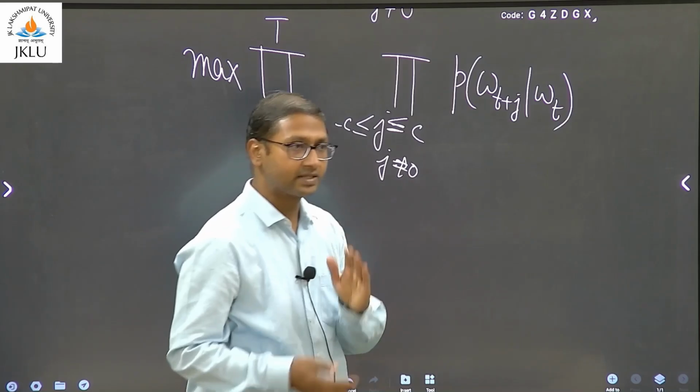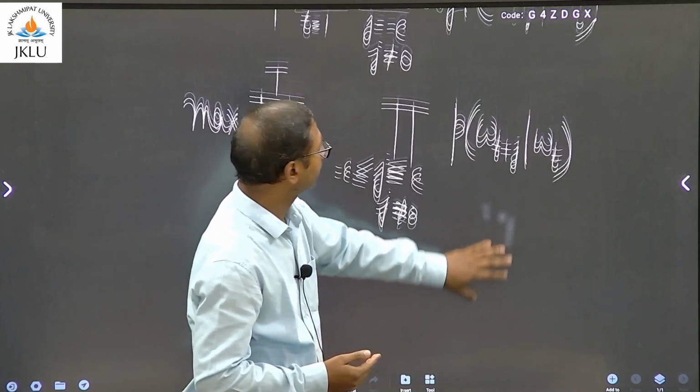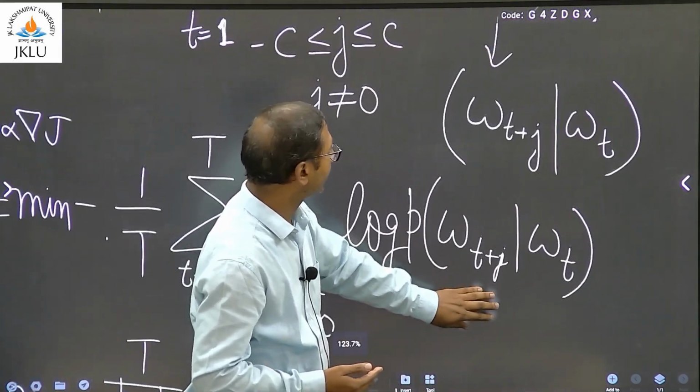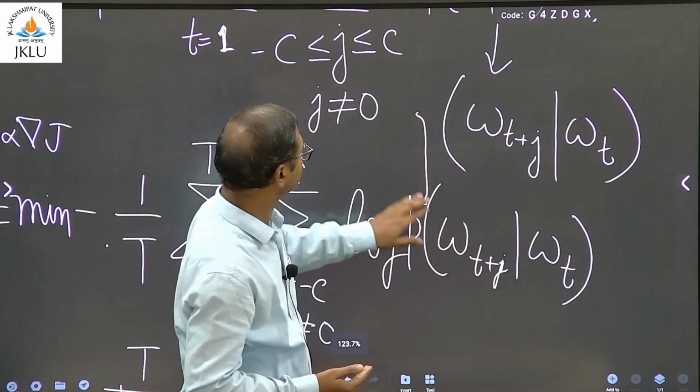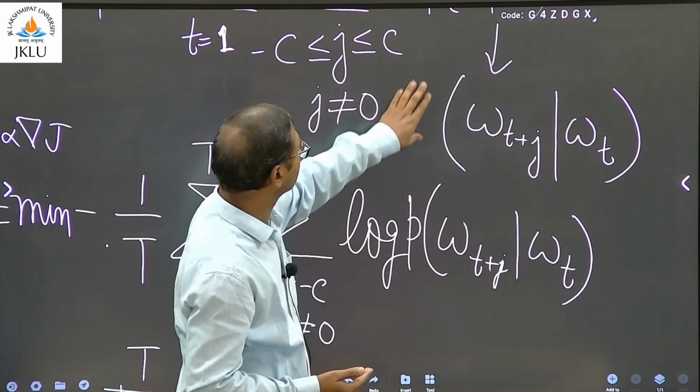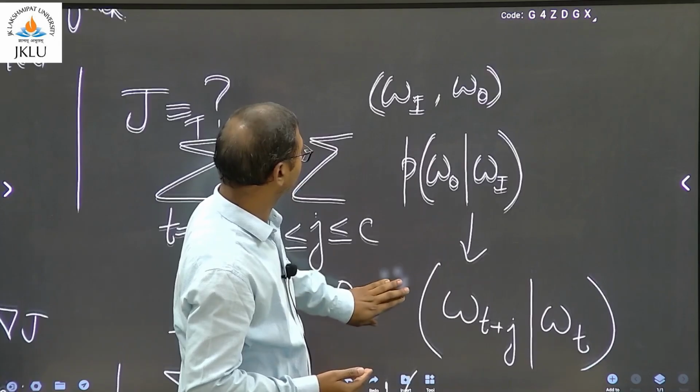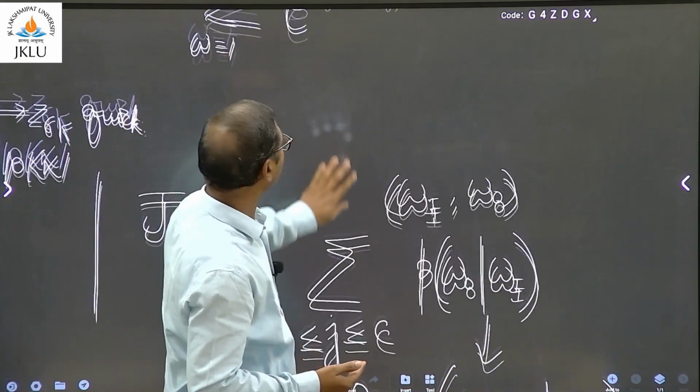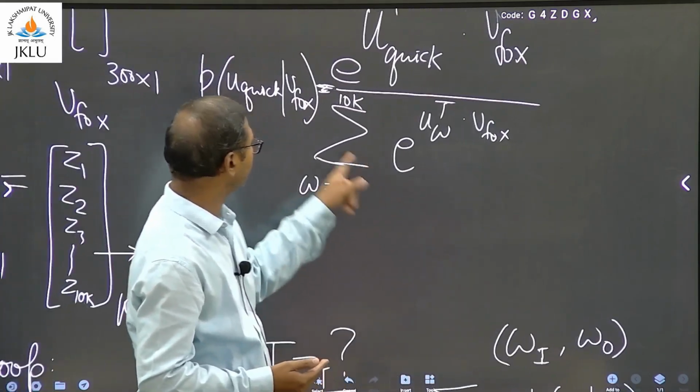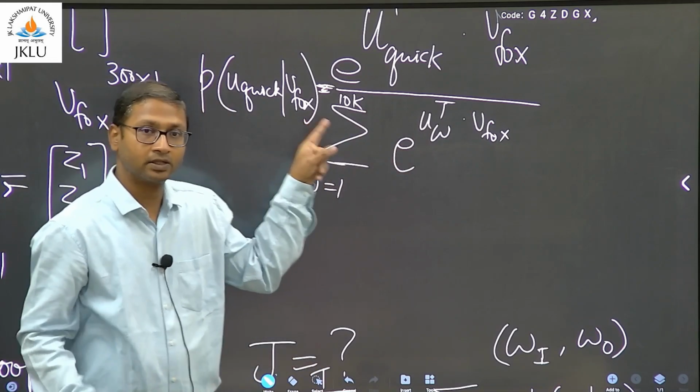If your vocabulary size is 100, okay, how many summations will you have in this? How many summations will you have here if your vocabulary size is 100?